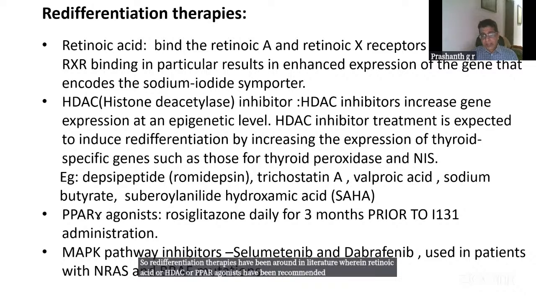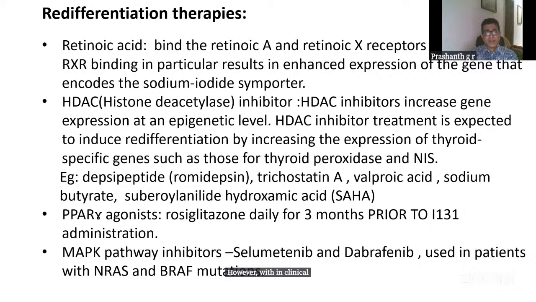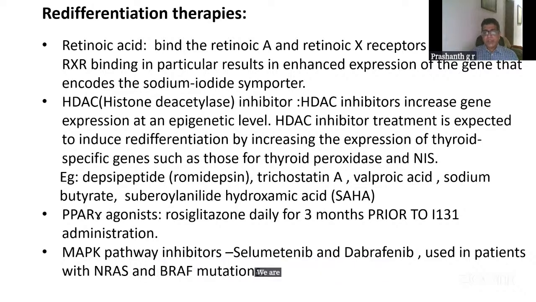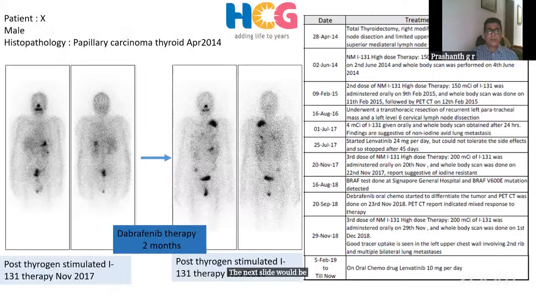However, in clinical practice, we have not seen any significant redifferentiation of tumors with these. However, now with the availability of MAPK pathway inhibitors like selumetinib and dabrafenib, we are seeing a few patients who tend to redifferentiate. The next slide would be showing you that this was our patient.